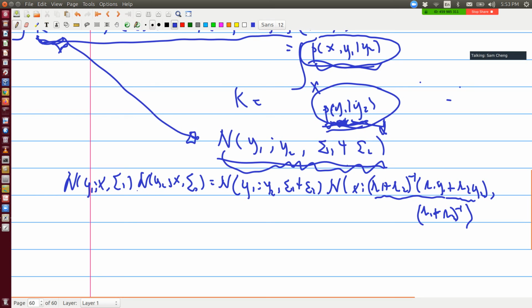After you make observations y1 and y2, the overall estimate should be the weighted sum of y1 and y2. Of course, this is more complex because it's in vector form, but it's still a weighted sum. Lambda 1 and lambda 2 are basically the weights. Lambda is the inverse covariance, sigma.